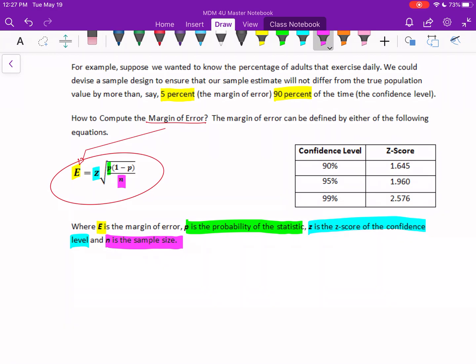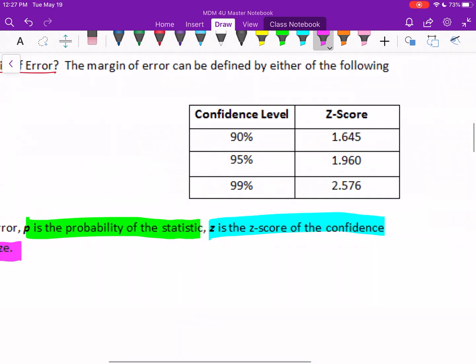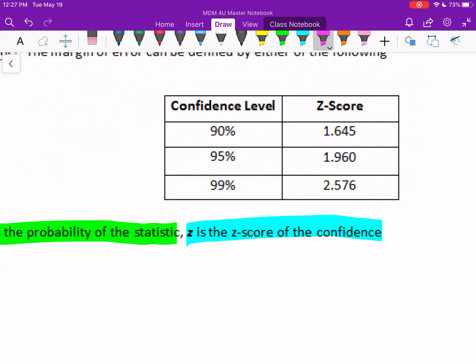Here are the main confidence levels in this table that we often go with: a 90%, a 95%, or a 99% confidence level. These are the z-scores that go along with them. You remember that we can use the z-score table to work backwards from a percentage to a z-score.